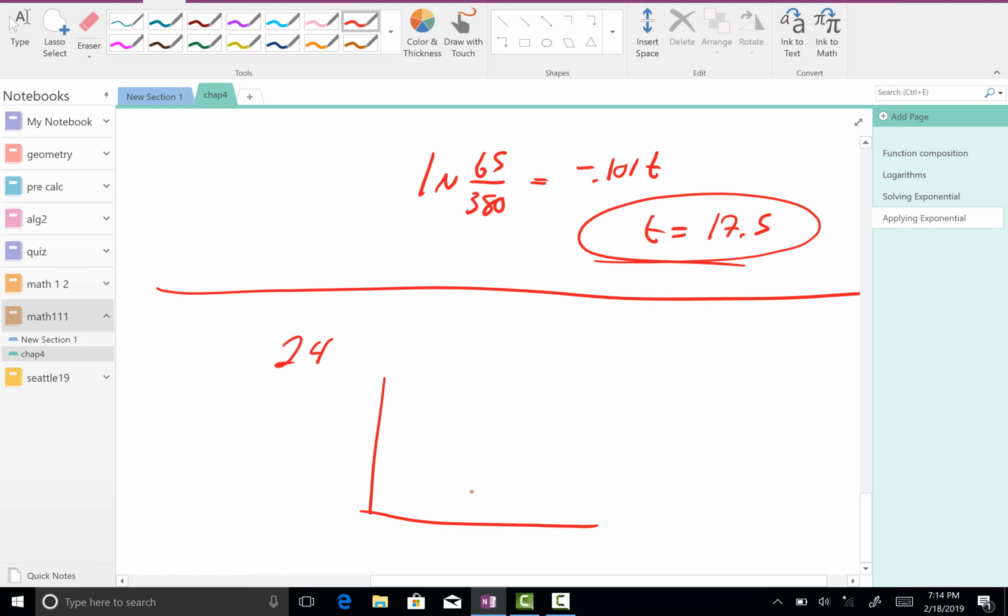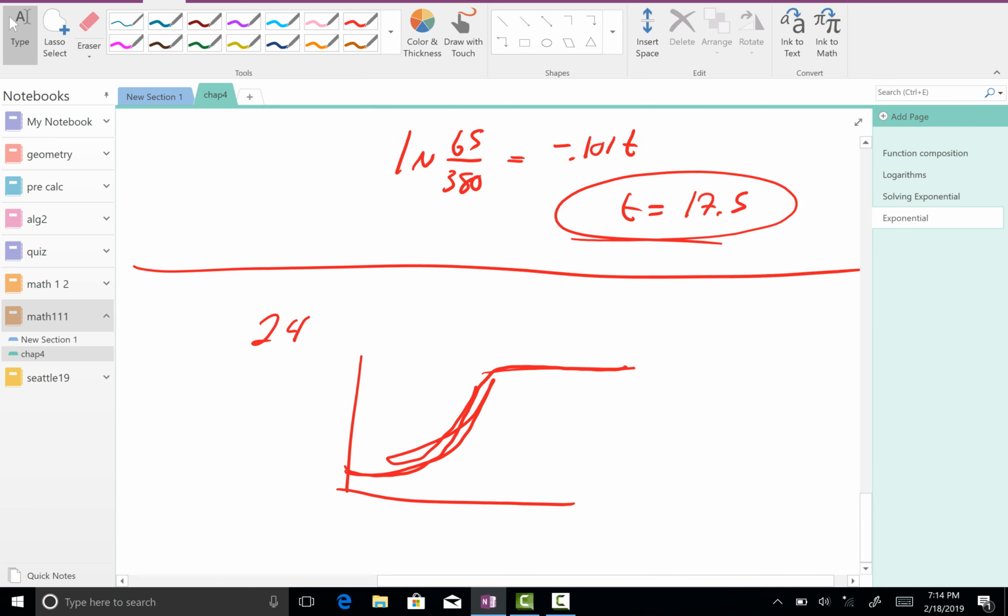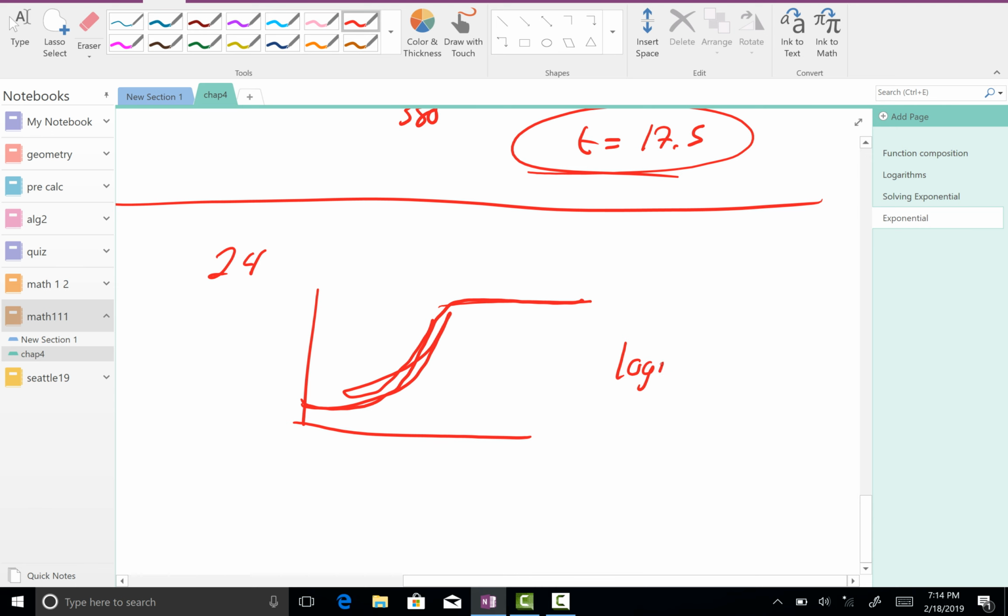If we have a population, usually it grows exponentially and then kind of levels off, and that's called logistic growth.